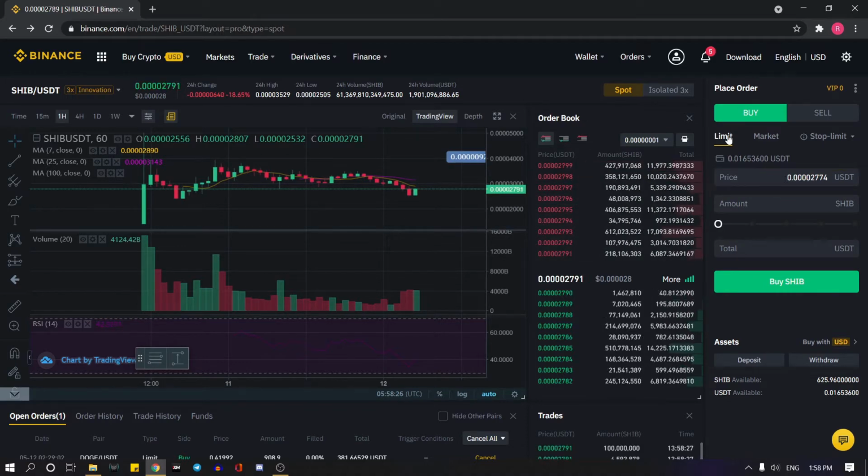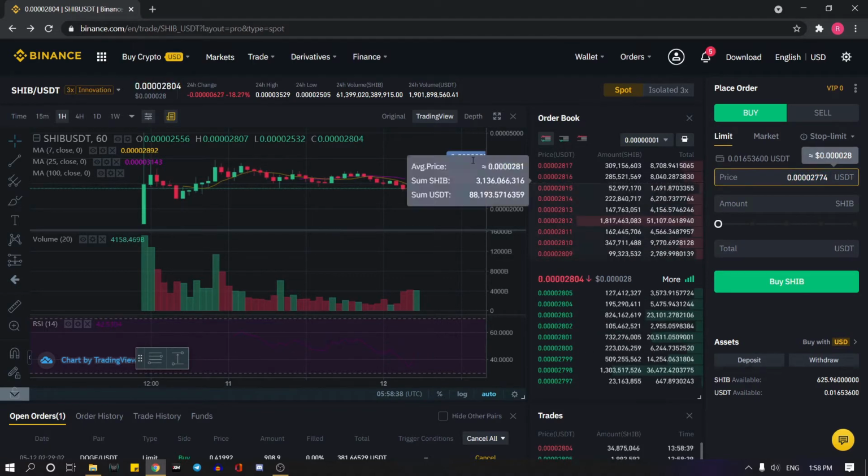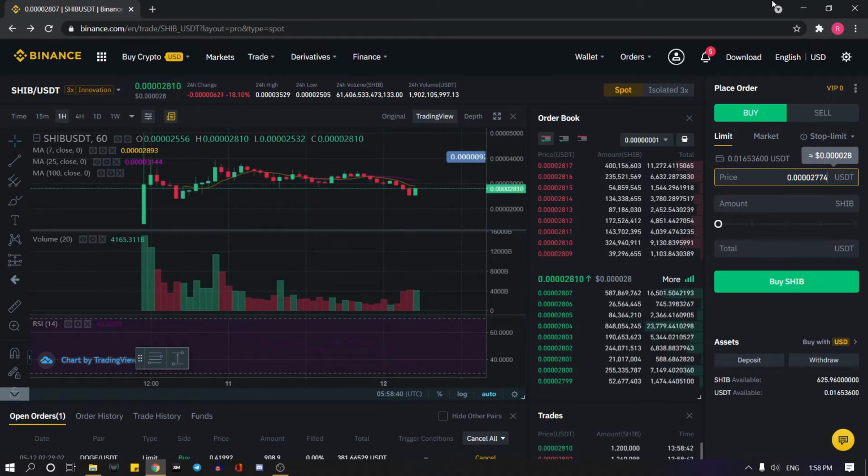So if you are going to be choosing this limit option, you are going to be placing the price that you want to buy this cryptocurrency. So in my case, I look to buy at, let's say, what price is that? 28. So let's go for it. 27,999. Let's say something like that.